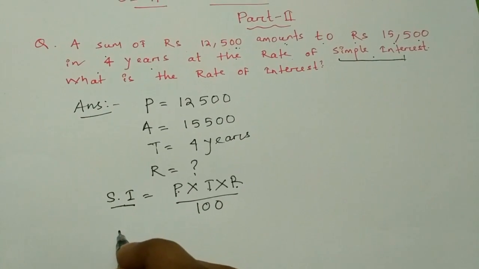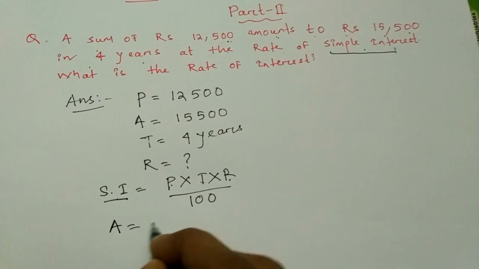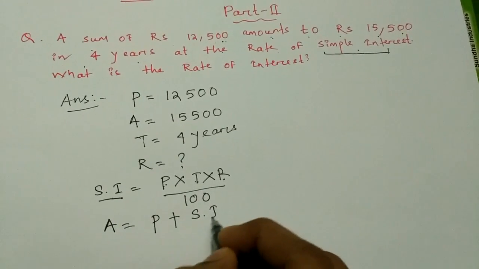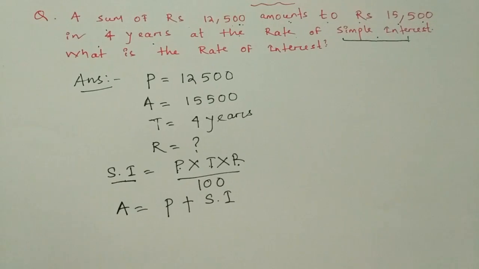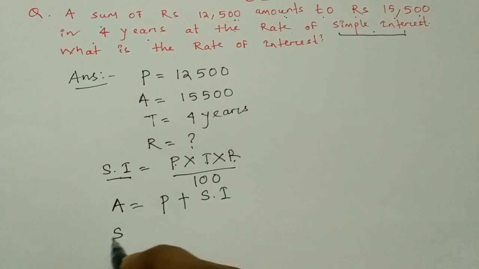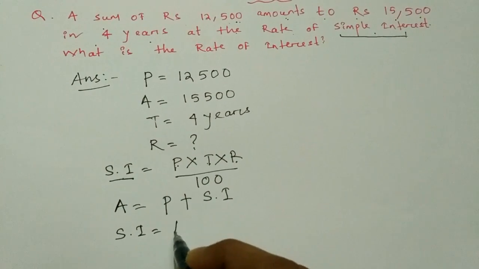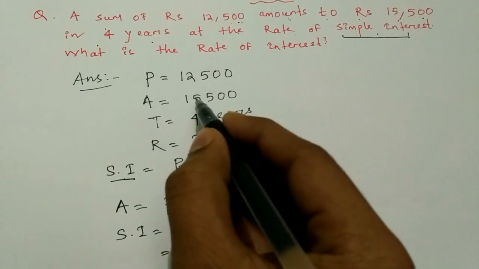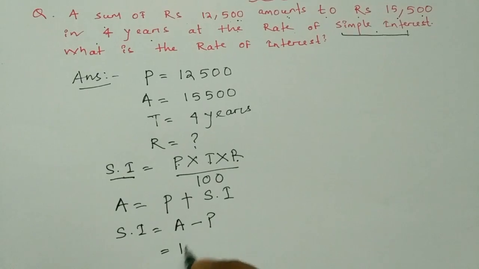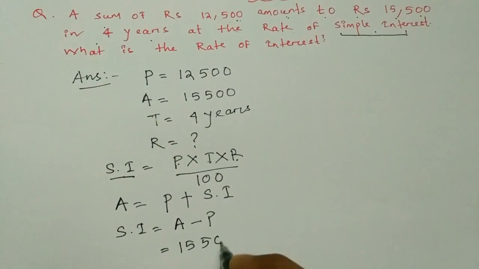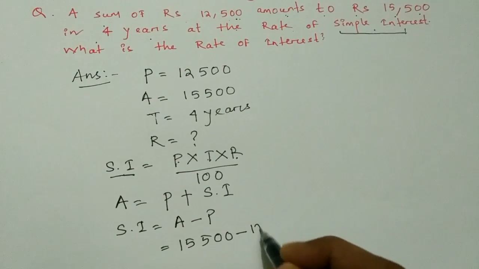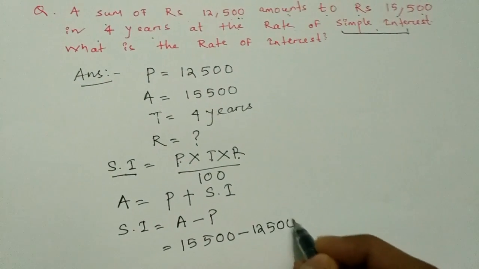The amount value is always the principal plus the simple interest. So simple interest will be amount minus the principal value. The amount value is 15,500 minus the principal value 12,500.